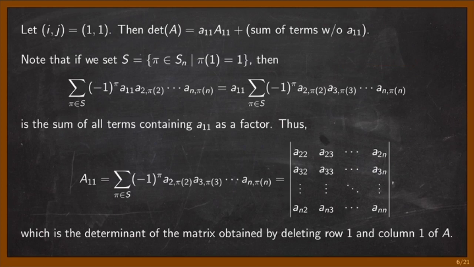Hence, the summation may be thought of as the determinant of an n-1 by n-1 matrix obtained by deleting the first row and the first column of A. As you can see, this was obtained by simply deleting the row that contains a11 and the column that contains a11 from the original matrix A, as claimed. So already we have a formula for the cofactor of the 1,1 entry.